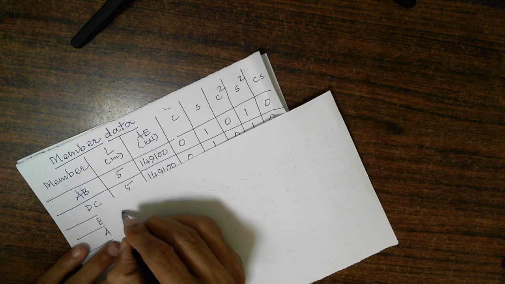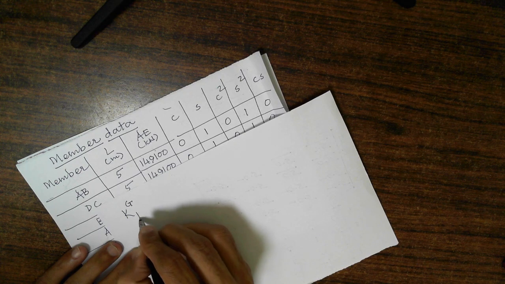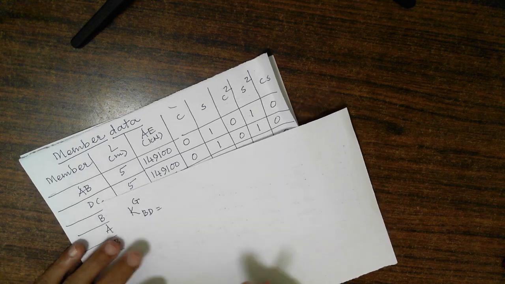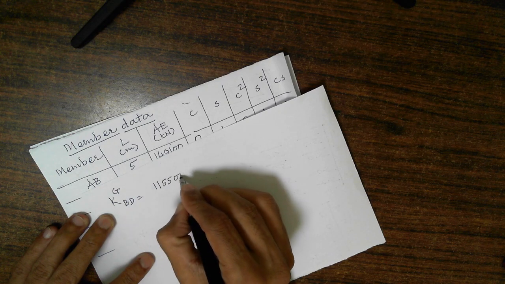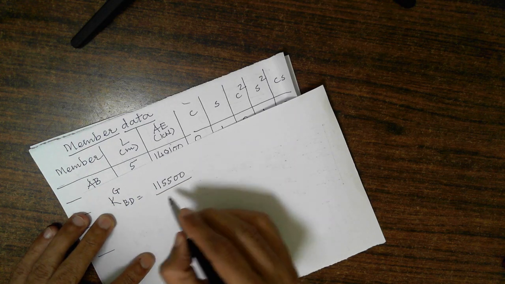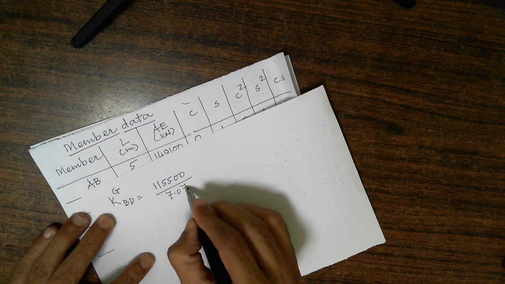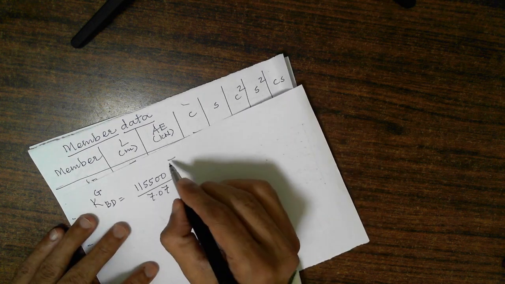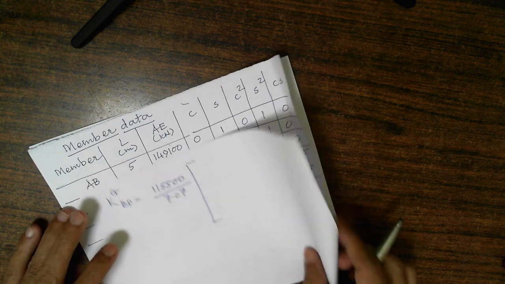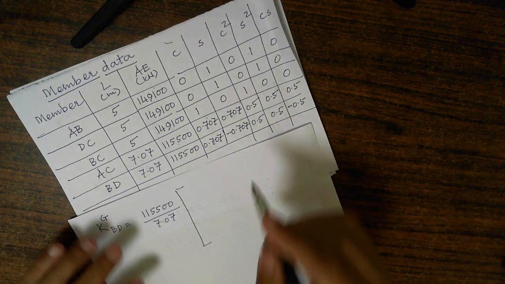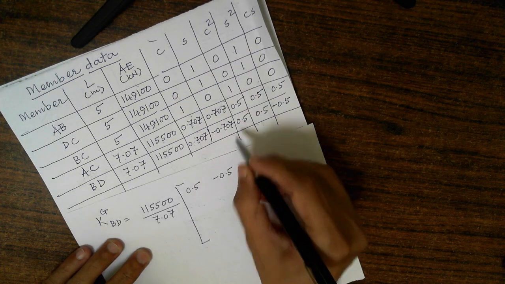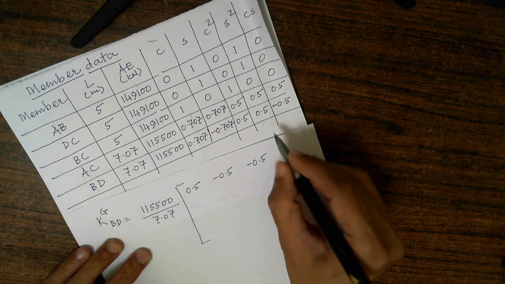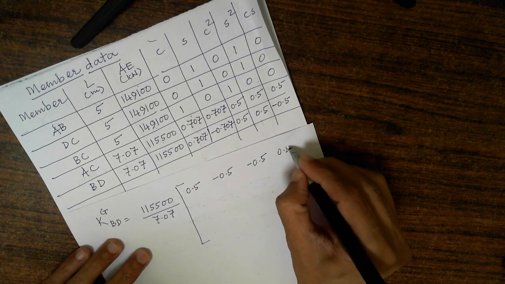Now I am writing the matrix for the last member, K global BD, the global stiffness matrix for BD. Again for BD, AE is 1, 1, 5, 5, 0, and length is 7.07. This I have considered, and now I am writing for BD. So the formula is with me. Formula is C square, CS is minus 0.5, minus C square, so minus 0.5 again, and minus CS. Now minus of minus will become plus.